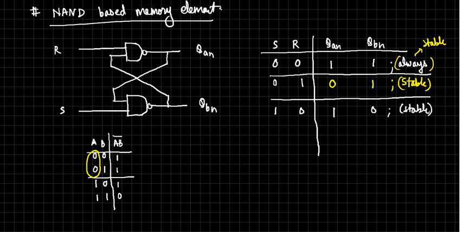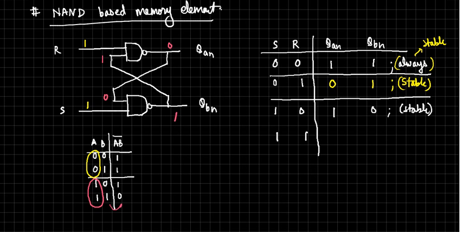Let's consider the case 1 1. When it is 1 1, the output is always the complement of the other input. If it is 1 here, it will be 0 there, and if it's 0, it will be 1.